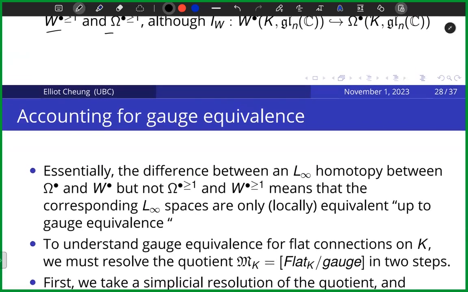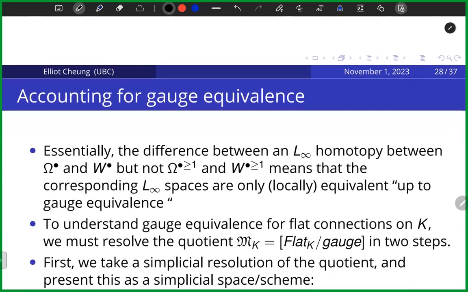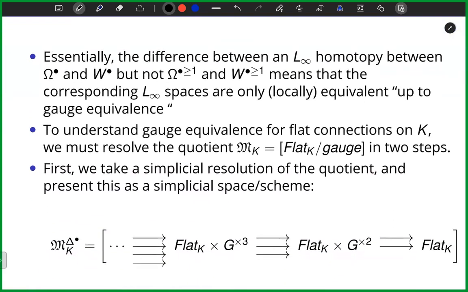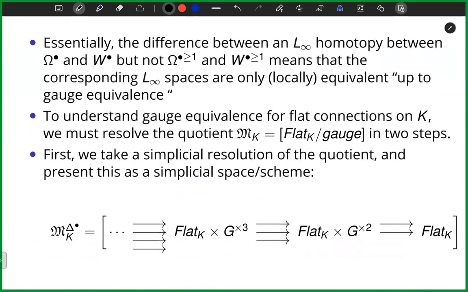To understand gauge equivalence, or flat connections mod gauge quotient, we have to resolve this quotient in 2 steps. First, we take this resolution of the quotient and represent it as a simplicial space or scheme in the usual way, like this. So this is an action groupoid.